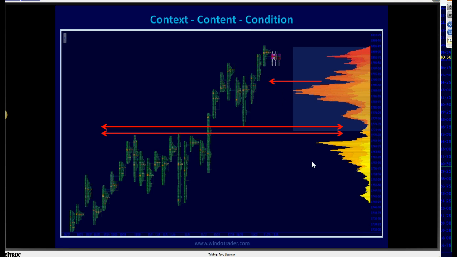I also have on this screen a cumulative profile. What I wanted to point out is how a cumulative profile, when triggered by the identification of a bracket, can provide significant context to the trading of the daily, intraday sessions.